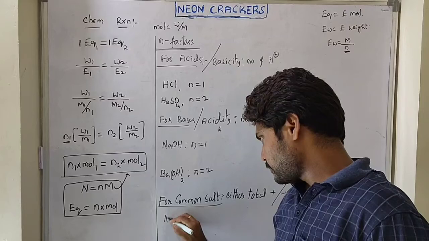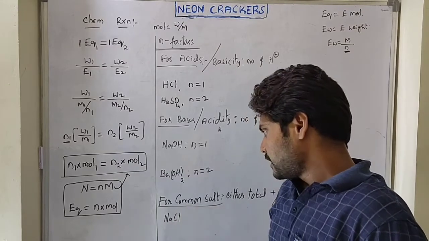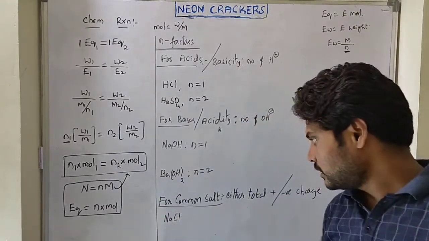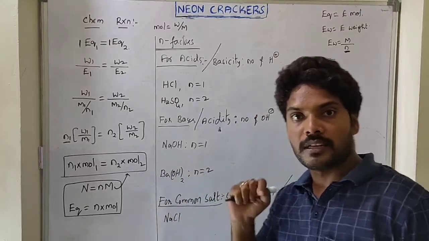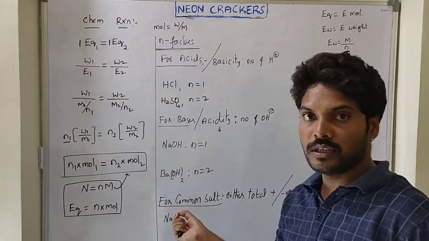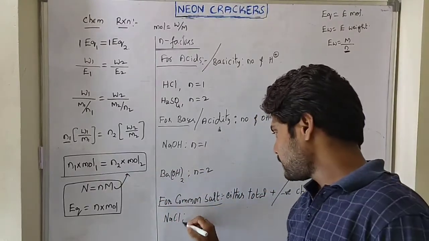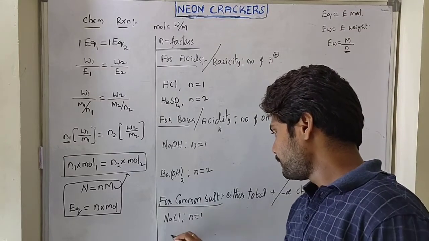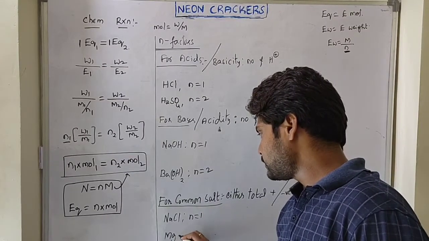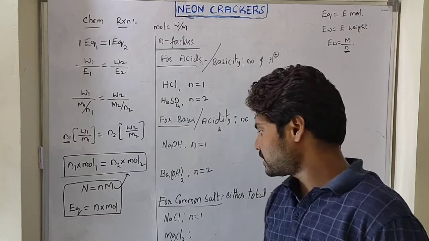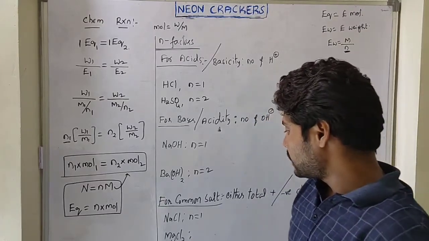Suppose we take NaCl: the total positive charge is +1 and the total negative charge is -1. You have to take the magnitude only, not the signs. So what is the N factor here? N factor equals 1.